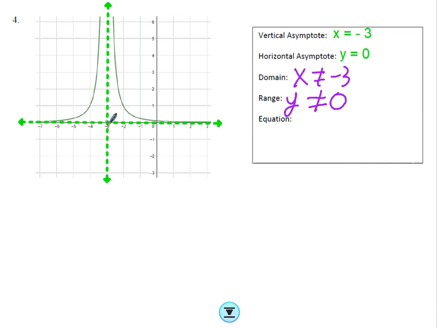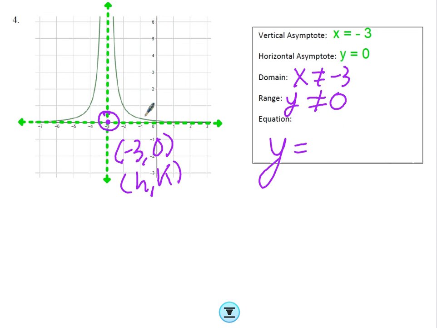And for my equation, again, I'm looking for this point where my asymptotes intersect. That point in this case is negative 3, 0, x comma y, which is hk. So y equals, now this is a parent function of 1 over x squared. Notice how the branches are at the top here.